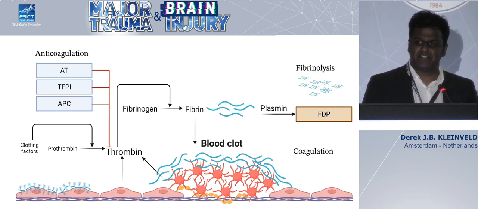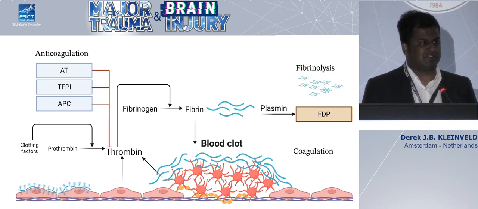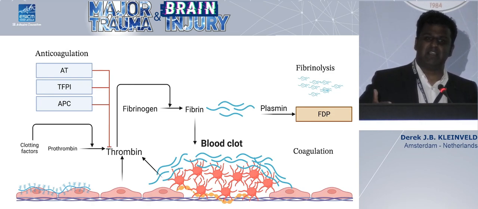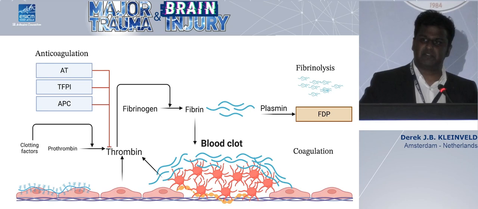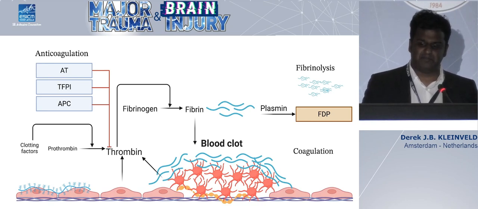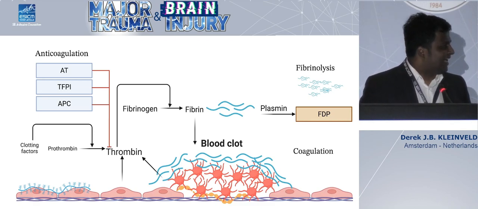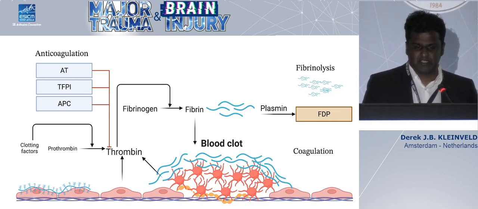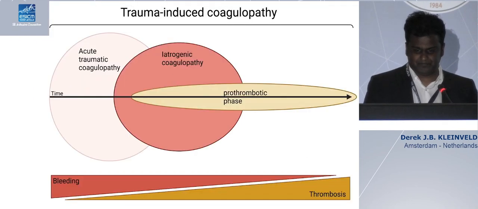So you have your anticoagulant processes, such as antithrombin, tissue factor pathway inhibitor, and activated protein C, to limit the amount of thrombin that has been formed. You also have your fibrinolytic system, which becomes activated through tissue plasminogen activator with the production of plasmin, and it breaks down the insoluble fibrin that is formed in the circulation. So you have sort of a balance.